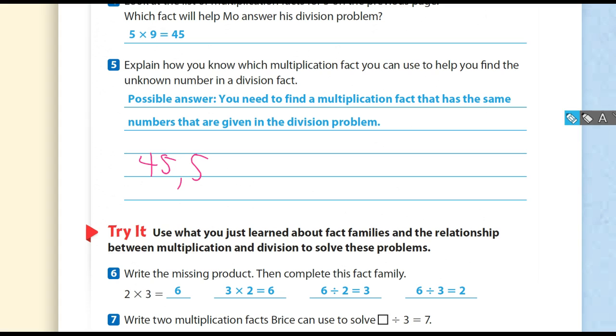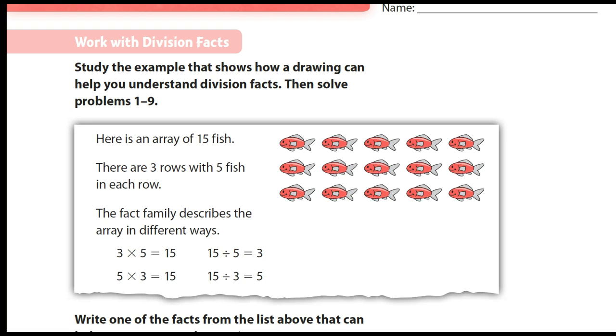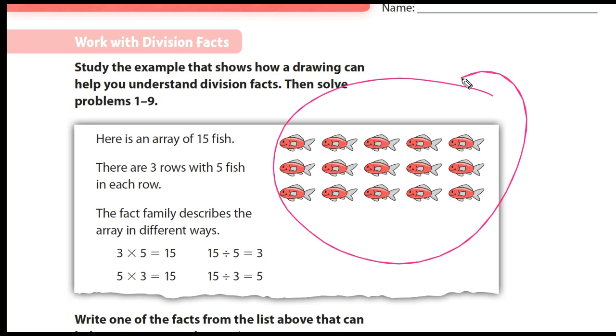So they told us that we needed to find a multiplication sentence that has the same numbers that are given in the division problem. So here we're going to study the example that shows how a drawing can help you understand division facts. A drawing, or what's this called? An array. Thank you.